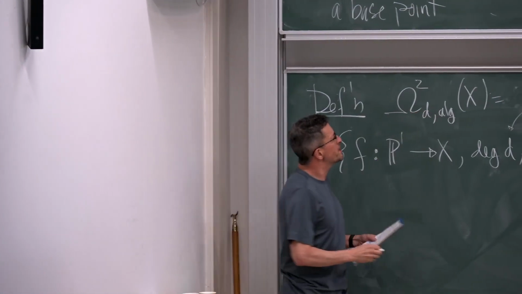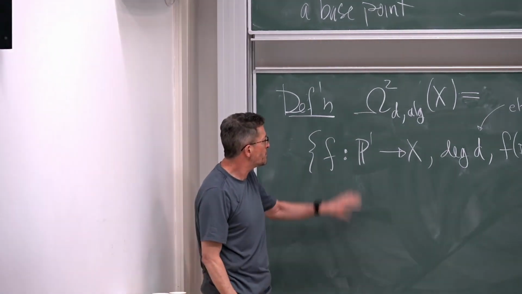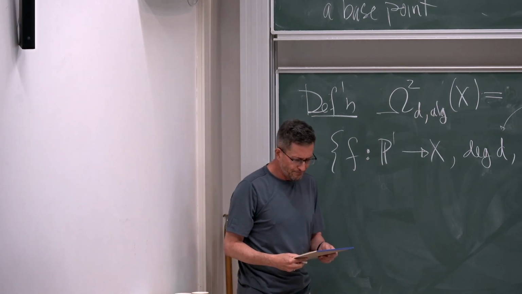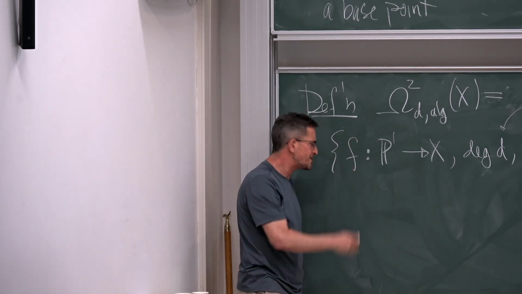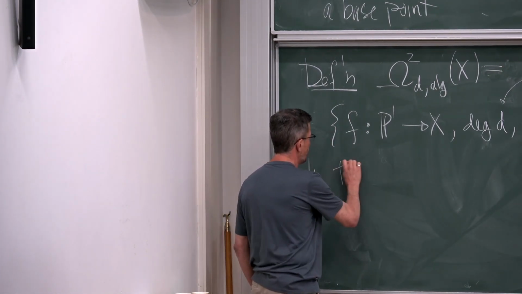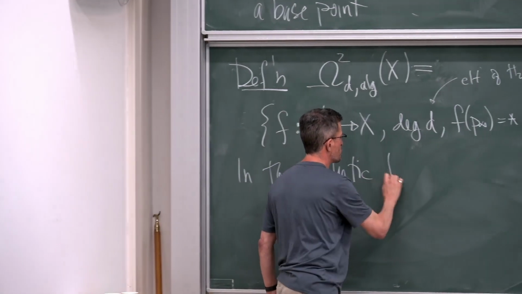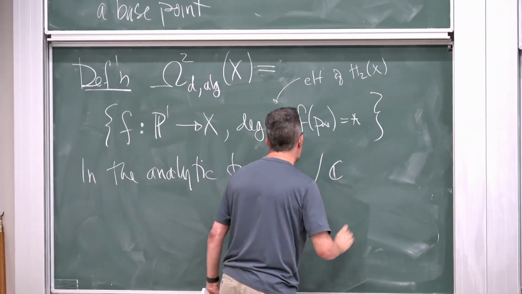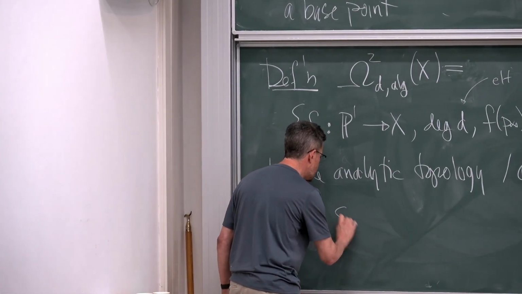So this space, I've given it a different name. It's, of course, really different from the ones we're used to in Gromov-Witten theory because I'm fixing this P1 right here. And of course, if we look at the complex numbers and think about this in the analytic topology, then P1 is homeomorphic to the two-sphere.